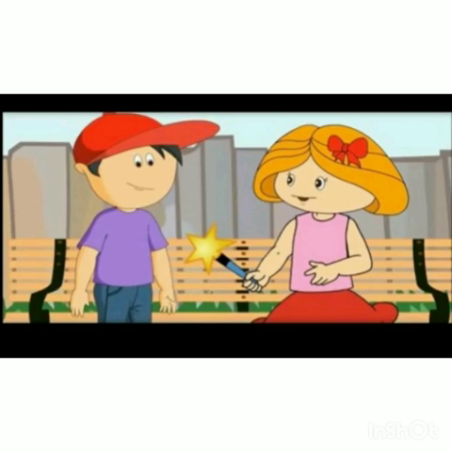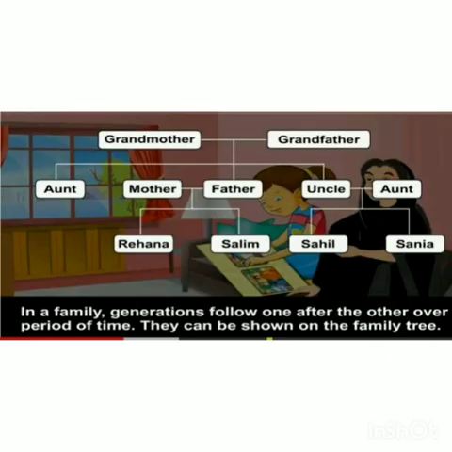Children, till now we have learnt about family and the types of family. Is it not? Now it's time for us to learn about the family tree. In a family, generations follow one after the other over a period of time. They can be shown on the family tree. See this picture, grandmother and grandfather.